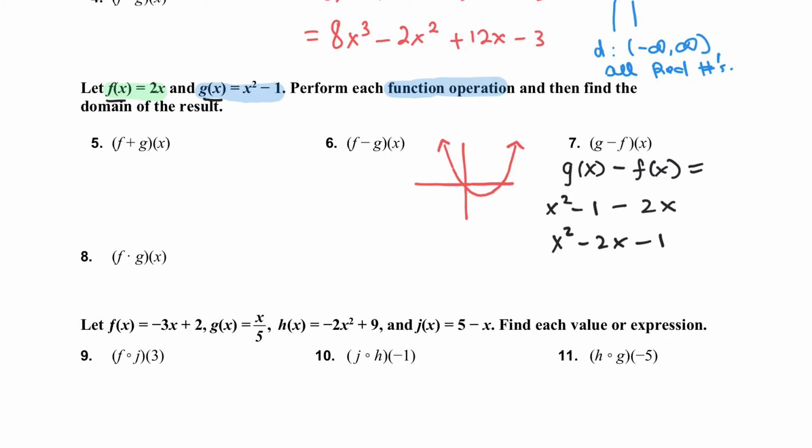If I focus on the set of x values for this function, you notice that it's going from negative infinity to positive infinity. So the domain is negative infinity to positive infinity, or you can say all real numbers.